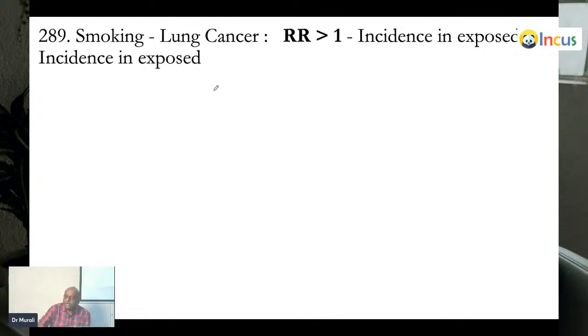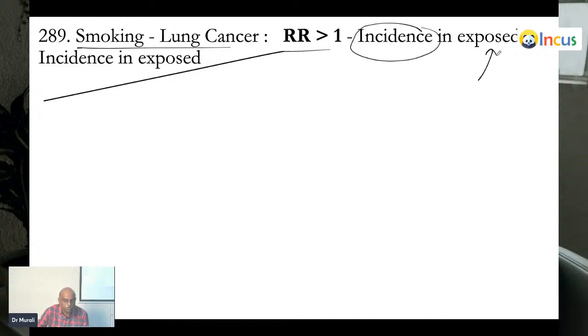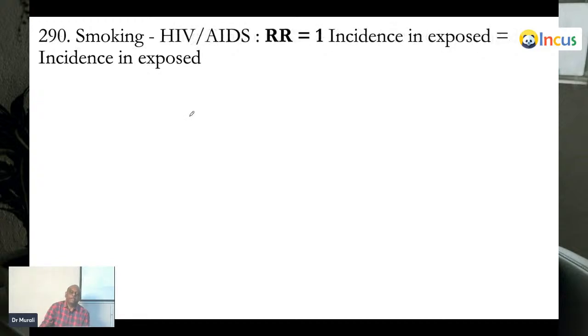So if you look at lung cancer, the relative risk value is more than 1 for smoking and lung cancer. That means incidence among the people who smoked is more than the incidence among non-exposed. Then if you look at smoking and HIV, there is no relation. So incidence in exposed and non-exposed is the same.